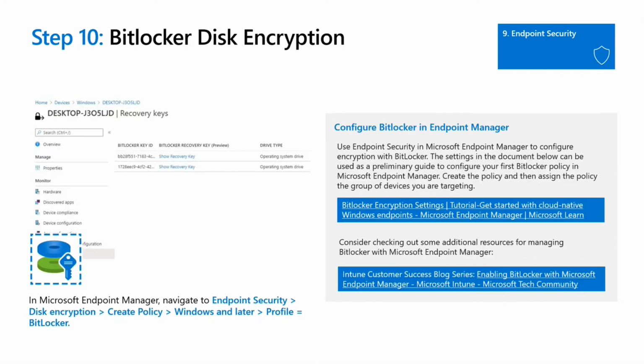And then finally, disk encryption. So I do want to call out that we do disk encryption for macOS and Windows devices, but for specifically Windows, we've got BitLocker support within Microsoft Endpoint Manager. So we can actually create those profiles. We can encrypt the drives, and then the recovery keys themselves, we actually can upload those directly into Azure AD and Intune and get those recovery keys if you need.